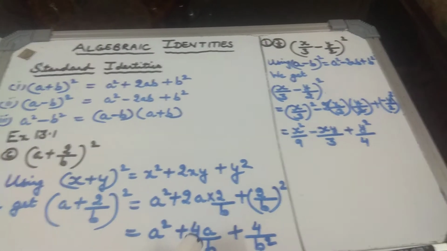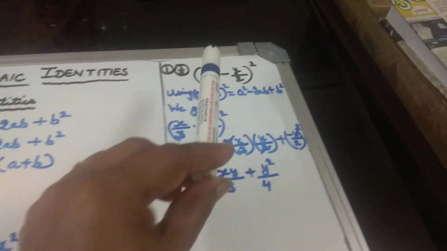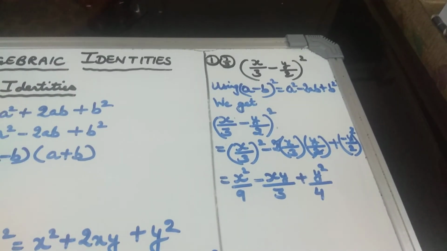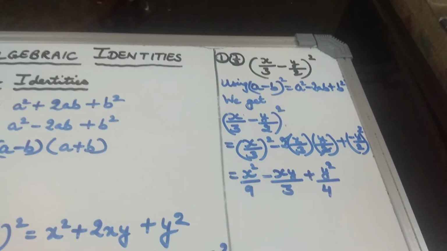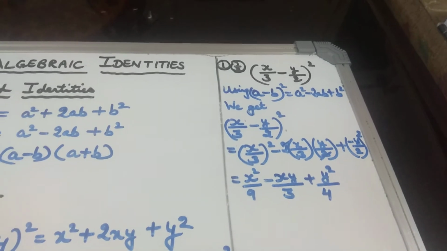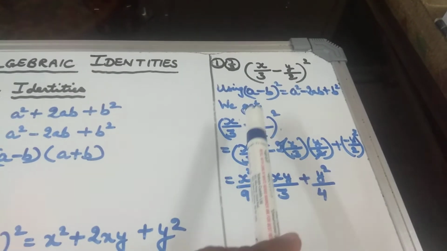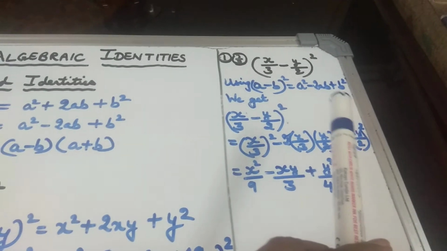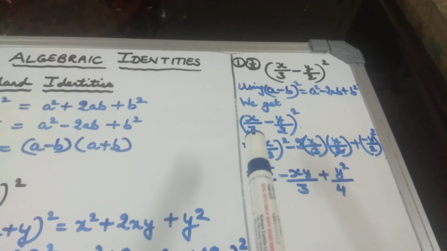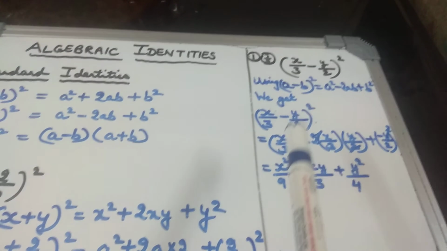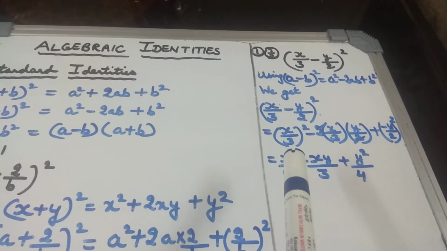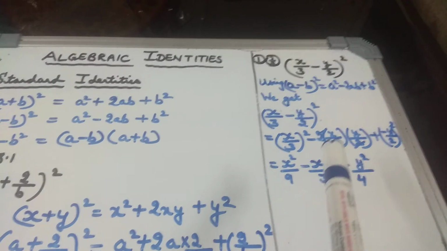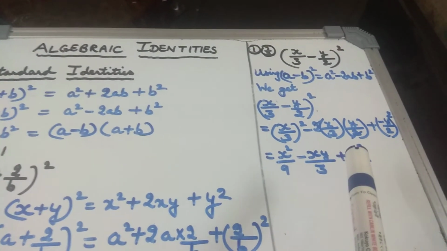I have done one more part from question number 1 for you, that is (x by 3 minus y by 2) whole square, to be expanded using the formula (a minus b) whole square equals a square minus 2ab plus b square. Now simplify. The a square term will be (x by 3) whole square, minus 2 into x by 3 into y by 2.